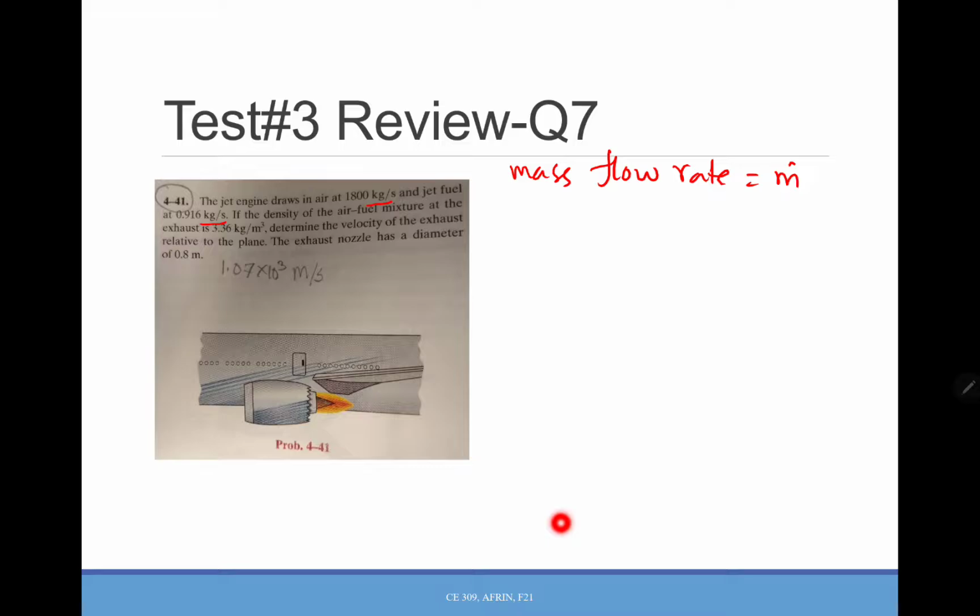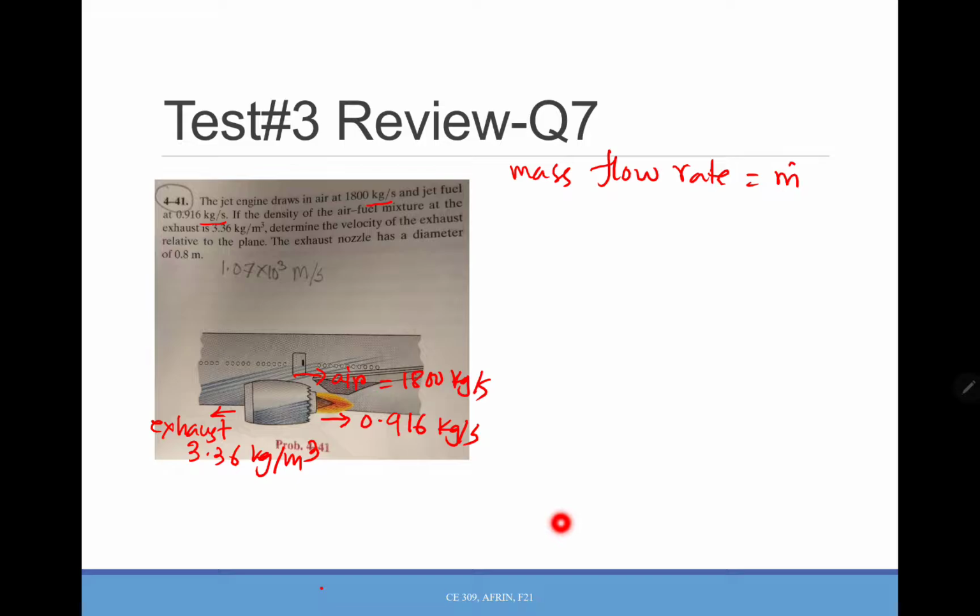Okay, so this one is, you have the jet engine that draws in air at 18 kg per second, and the jet fuel, which is 0.916 kg per second, and this one is the exhaust, which is 3.36 kg per meter cube.